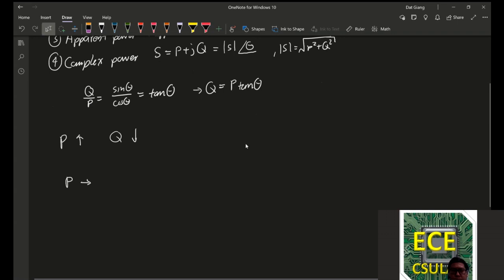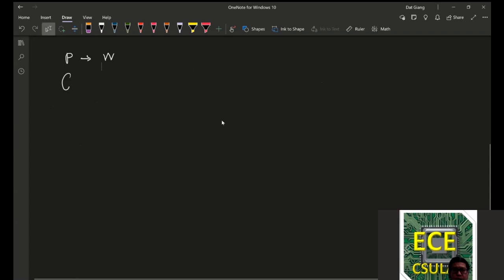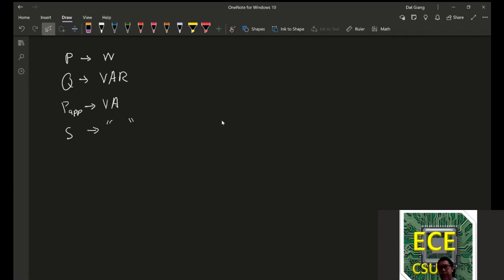For power, we use watts. For reactive power, we use volt-amp reactive, or VAR. For apparent power, we just use volt-amp. And for complex power, we have no unit, so I'm going to put quotation marks just to say nothing.